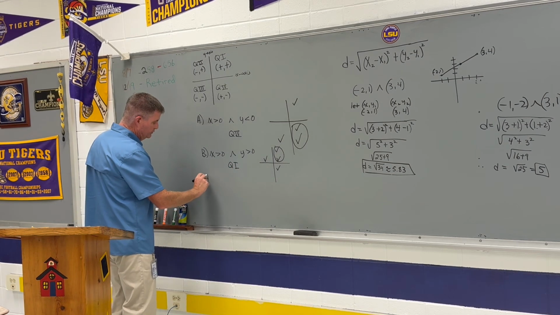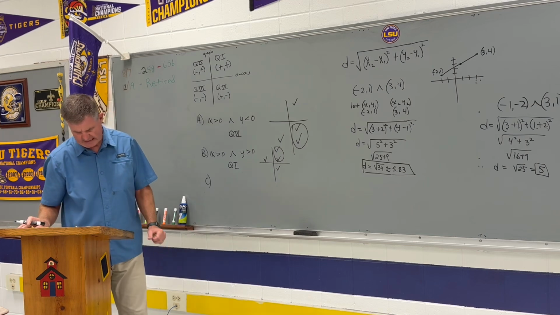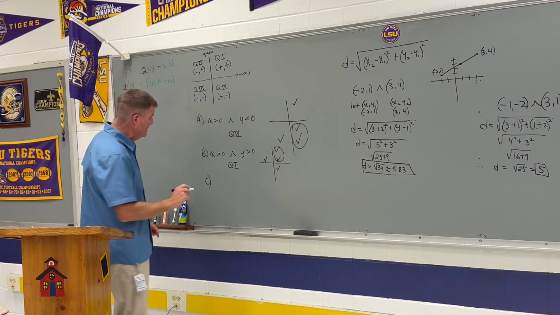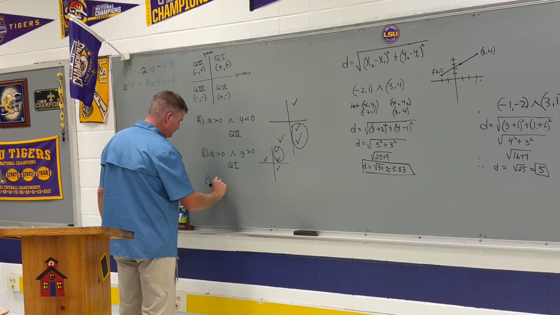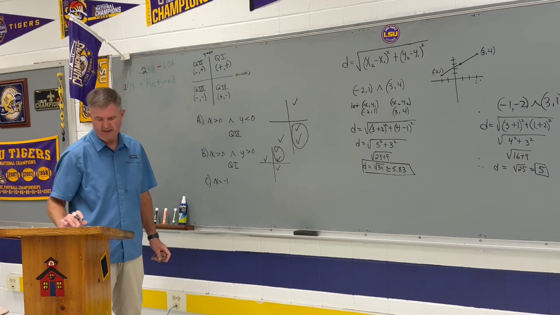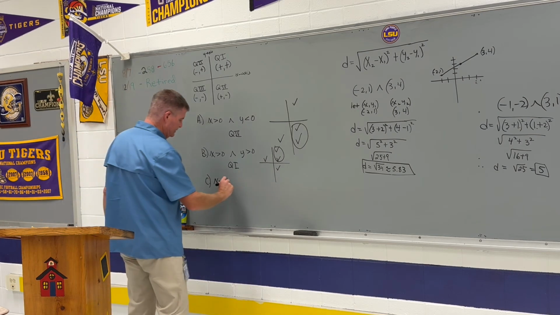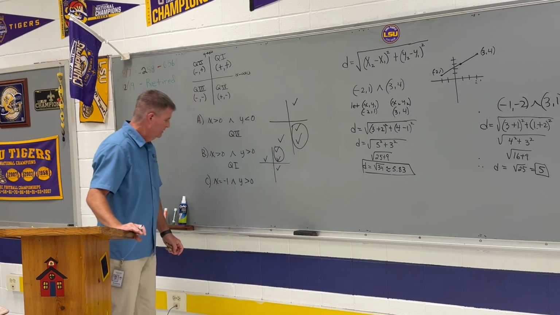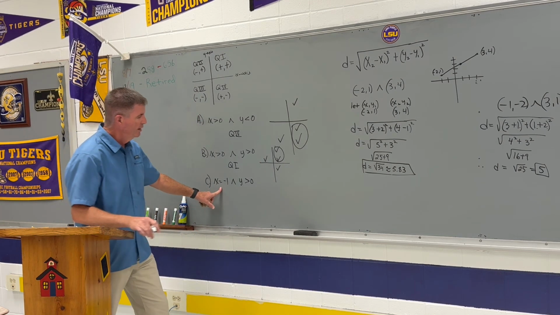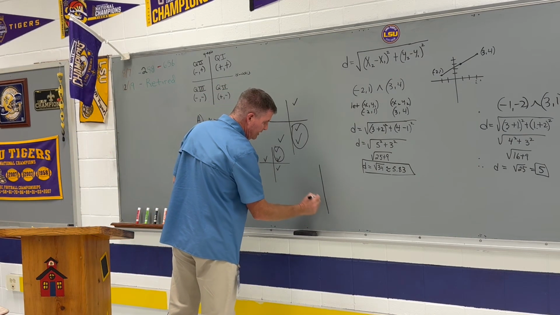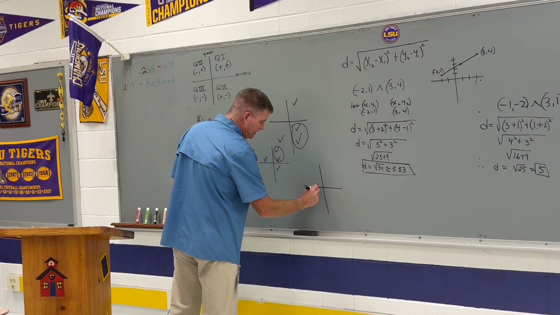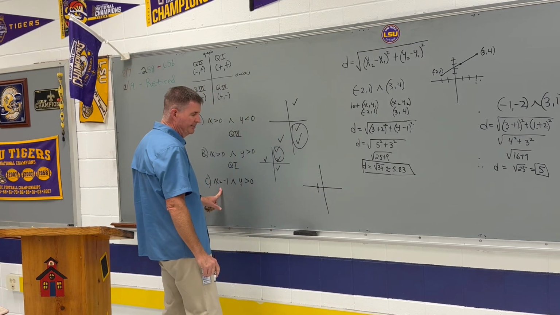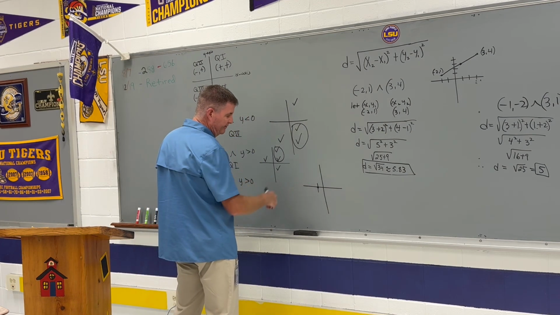And then for the last one, they might throw us in a little something sneaky. Like they might say x equals negative 1, and y is greater than 0. So if x is equal to negative 1, we know where that's at. We'll have our coordinate plane. X is equal to negative 1 here. So that means my x is going to be to the left-hand side.